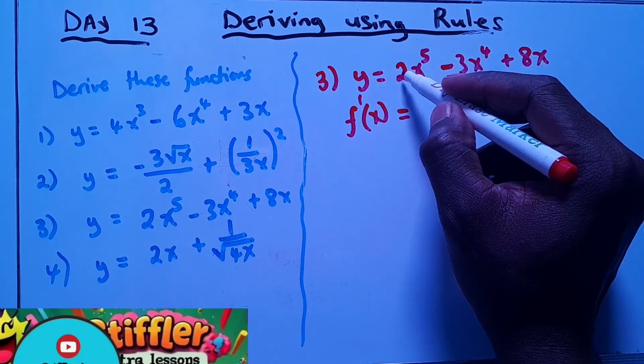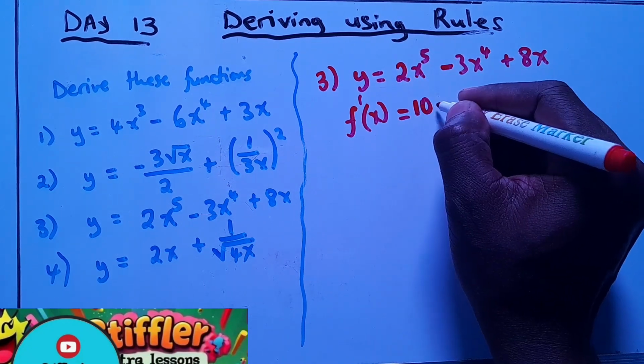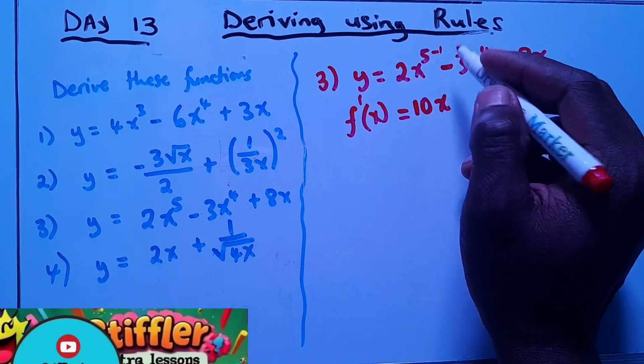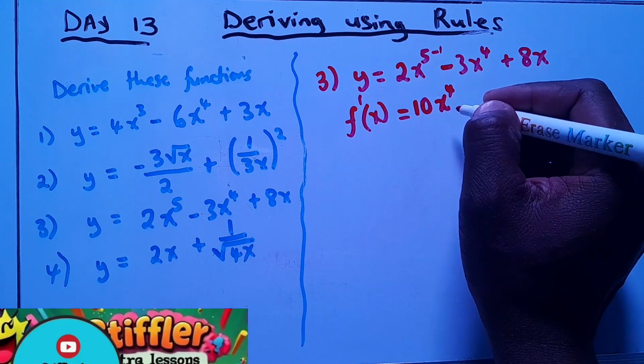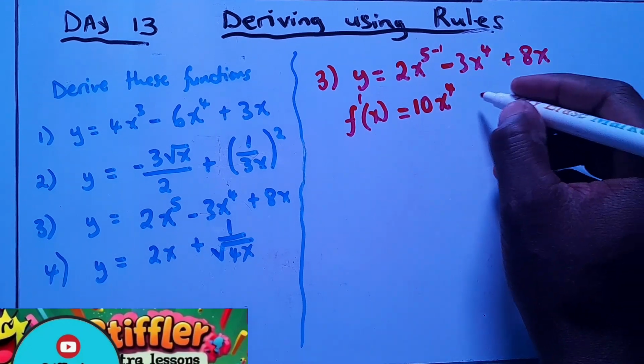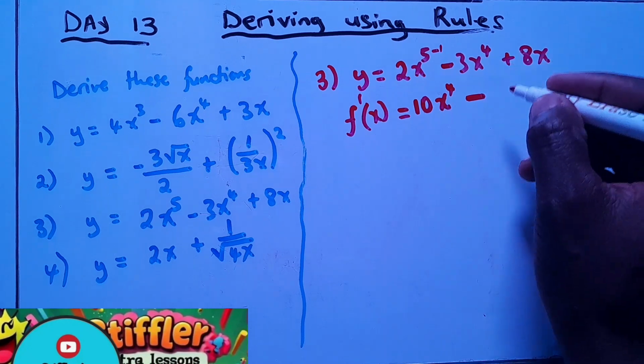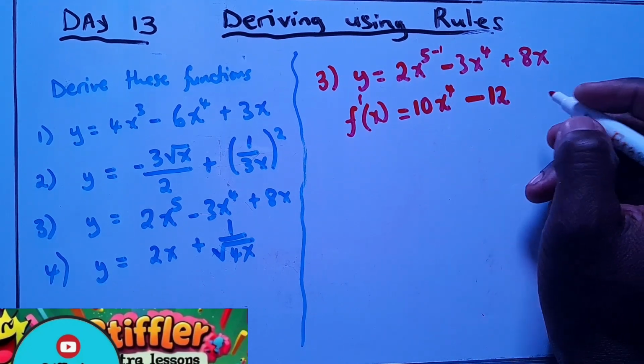So 5 multiplied by 2, we are going to get 10. And then here we subtract 1, like I said. So 5 minus 1 will just give us 4. Moving to the next term, so 4 multiplied by negative 3, we are just going to get negative 12.